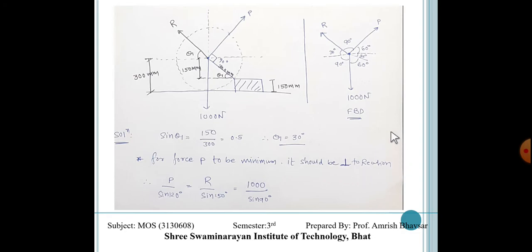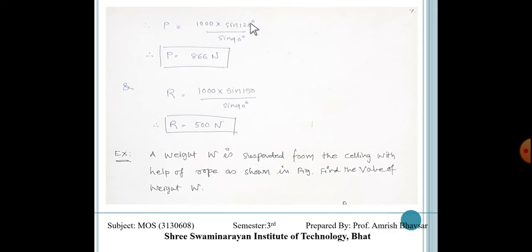That we know very well. So from that equation P is equal to 1000 into sine 120 upon sine 90. So it is 866 Newton, and reaction is 1000 into sine 150 upon sine 90, so it is 500 Newton. Clear everybody? Okay.